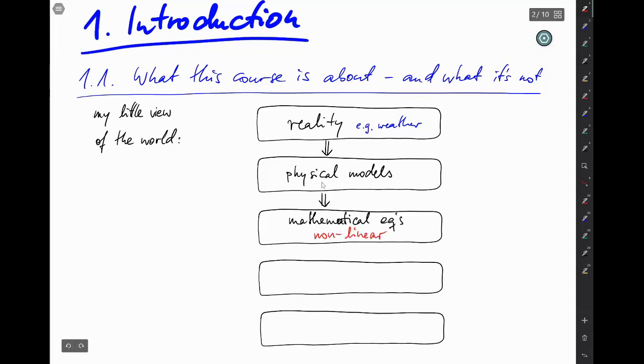It's a bit difficult to understand this difficulty if you do not fully appreciate the difference between linear and non-linear equations or problems. Just to give you a quick idea or reminder, of course you know from school what a linear function is. Its graph might look like this. It's just a straight line, not necessarily passing through the origin, which is why we call it affine or affine linear function at university.